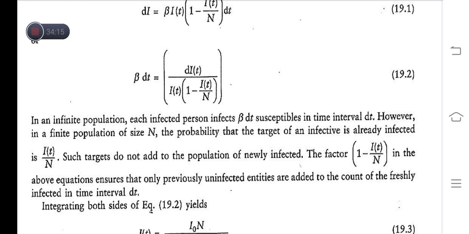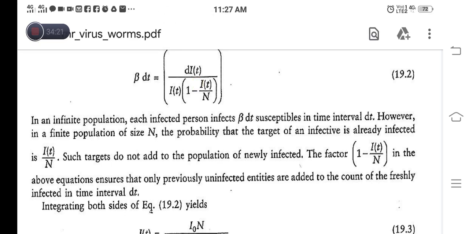So the factor 1 minus I of t divided by N in equation 19.2 ensures that only the previously uninfected entities are added to the count of freshly infected in the time interval dt.